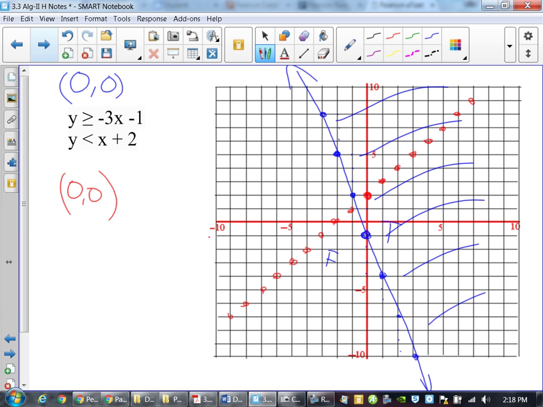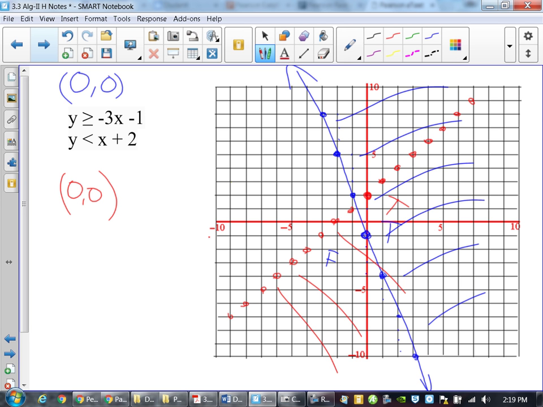Hey, if it goes through the origin, where would you test it? Anywhere it doesn't go through. Like 10 in 2 or 77 in 5. Doesn't matter. So is 0 smaller than 2? Yes. So it is true again on this side.